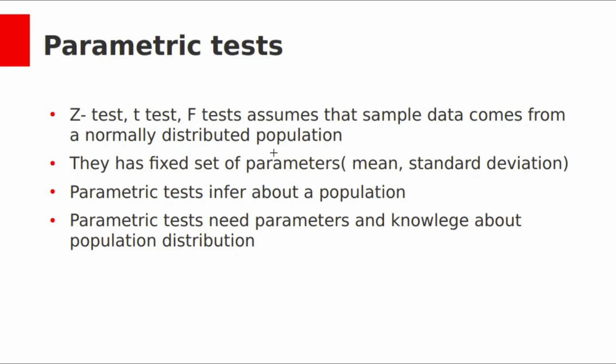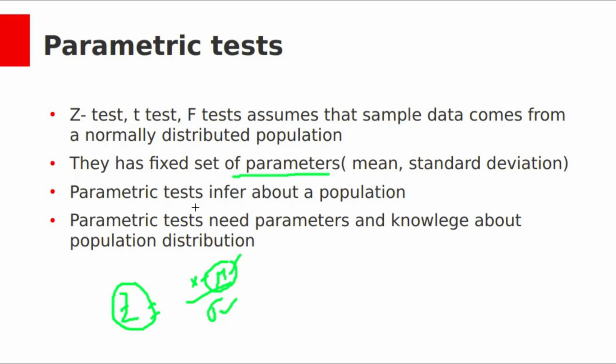All these tests depend on a set of parameters, like while calculating the z statistic. Here to calculate this z statistic we need population parameters mu and sigma, mean and standard deviation. So this test depends on a set of parameters, so we call these tests parametric tests.